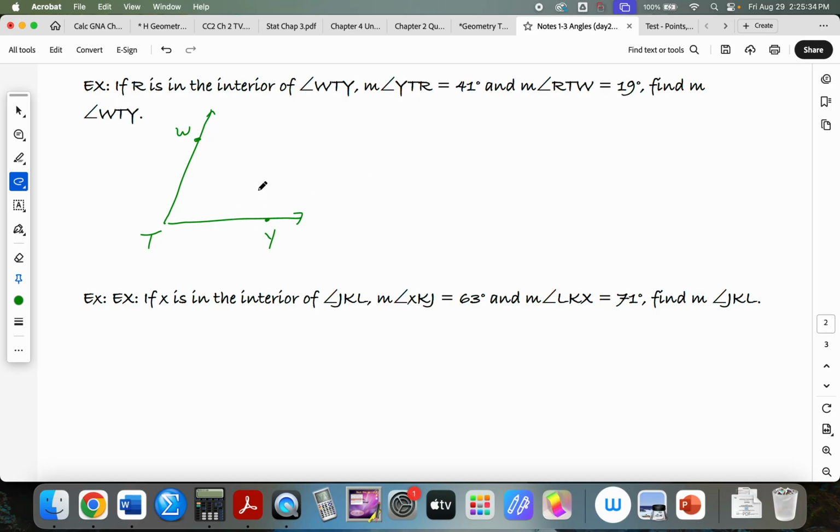And then it says R is somewhere in the interior. And I'm going to go ahead and draw ray TR because I know I'm going to need it. The measure of YTR is 41. The measure of angle RTW is 19.